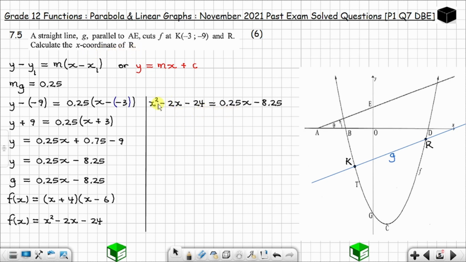Now let's put everything on one side. You have x squared, and negative 2x and this are like terms.